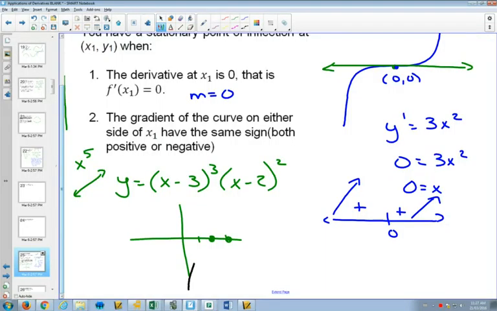When it hit 2, it bounced off, and when it hit here, it bent. Well, my bend is at a bad spot, but that was the idea. And this is what this graph looks like. What you would find with calculus is you would find the slope is 0 here, you'd find the slope is 0 there, and you'd find the slope is 0 there.